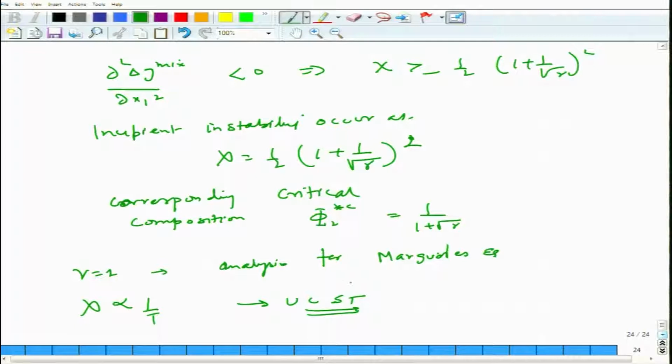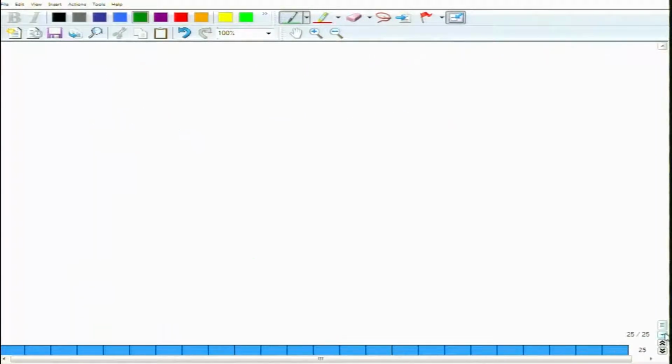So, it only predicts the upper critical solution temperature, that means it predicts only the one such case, but in reality you might see different kinds of critical solution temperature.